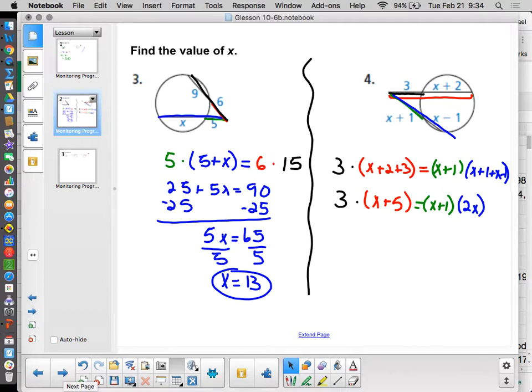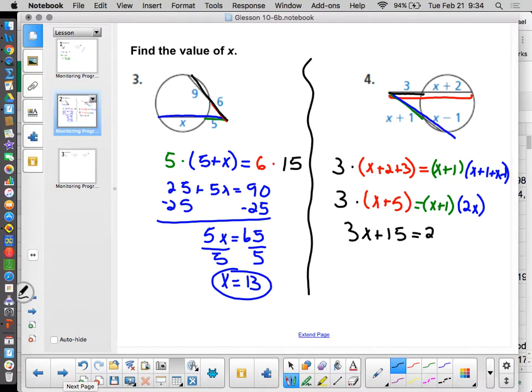Then I distribute. 3x plus 15 equals 2x squared plus 2x. Again, using distributive property here this way. This one I distribute that way. Because it's an x squared equation, and I don't have x squareds on both sides that cancel out, I've got to bring all the terms to one side.